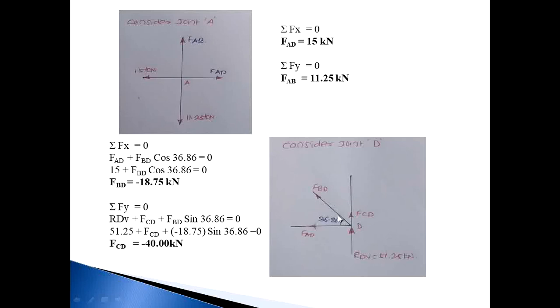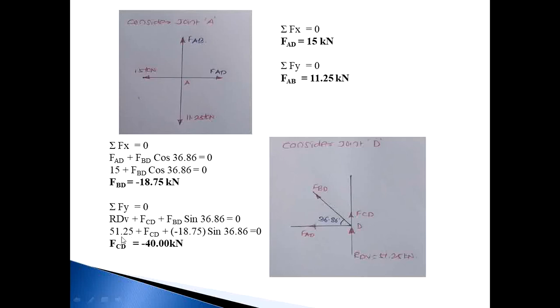Then summation Fy is equal to 0. The number of vertical forces is 1, 2 and the y component of this FBD, that is FBD sin 36.86. So RDV plus FCD plus FBD sin 36.86.